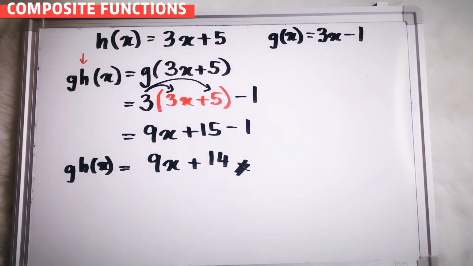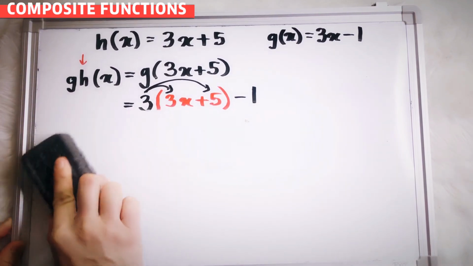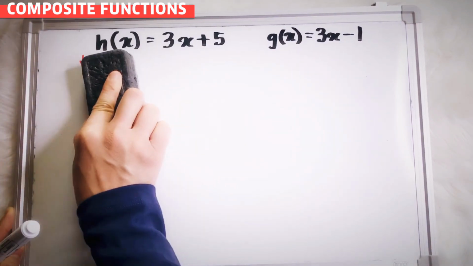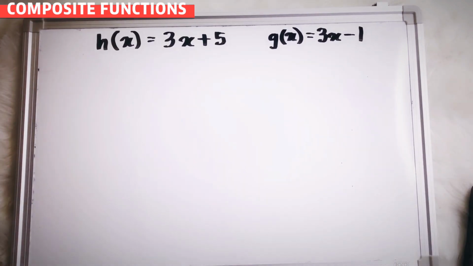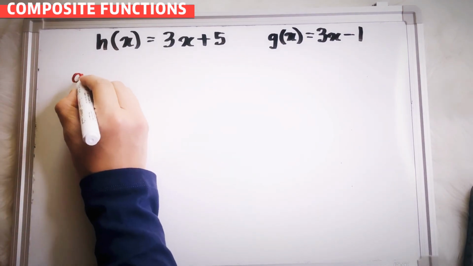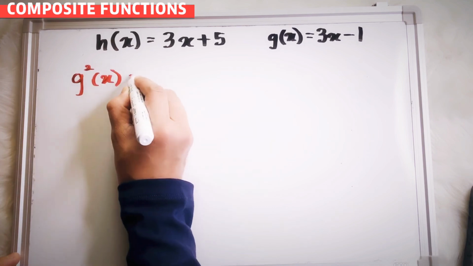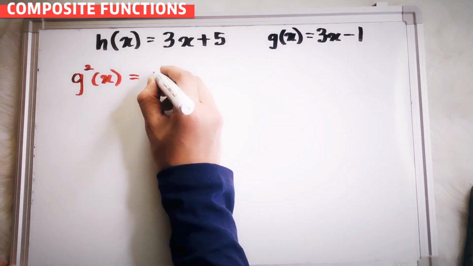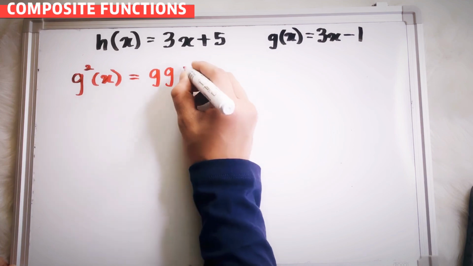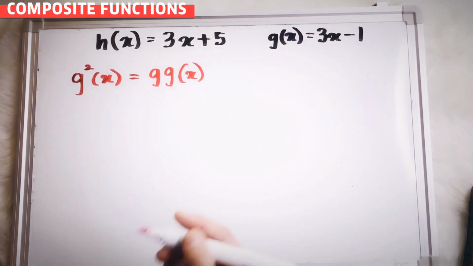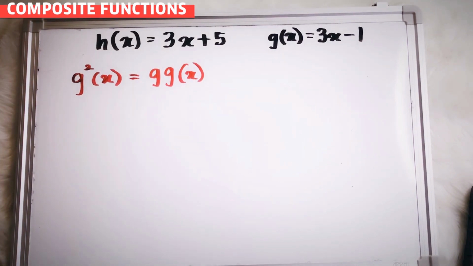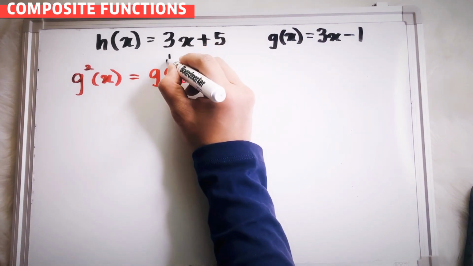Okay. Alright, now one more question. How if I give you g square x? Alright, so g square means g(g(x)). Okay, so we start from the back here.